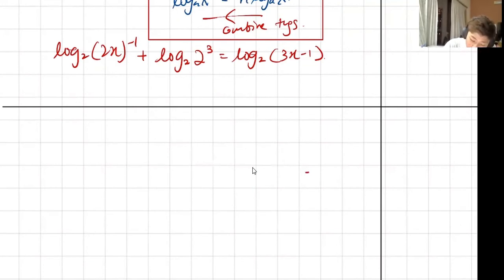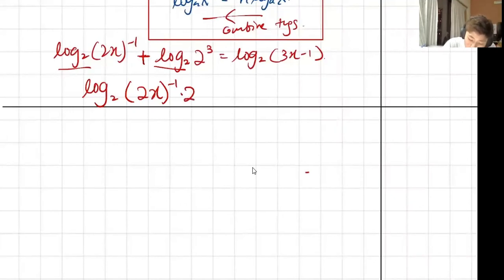So you try to combine them. Don't forget, when you have log base 2 with a plus in between, you multiply them. So log base 2 of 2x to the power of -1 times 2 to the power of 3, in a big bracket, equals log base 2, 3x minus 1.